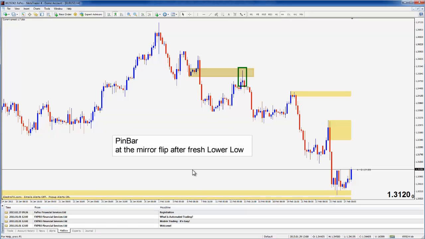Here we have a pin bar. It's at a mirror flip of this other area. It's following the trend of the shorter term wave, which of course we've now turned that longer term wave, and we're just following the trend of that turn until further notice. The way that you could look at this, you could certainly look at these waves like that, in which case this would be the 3-point turn since price reset right there.